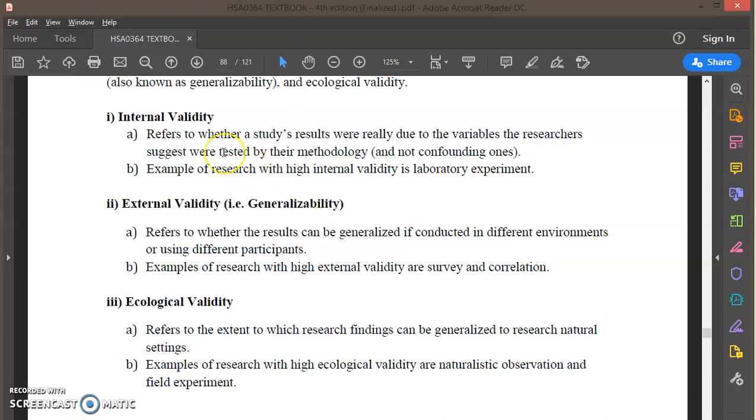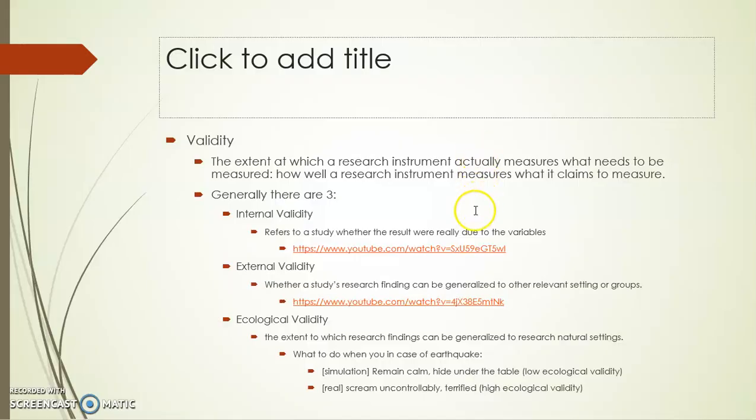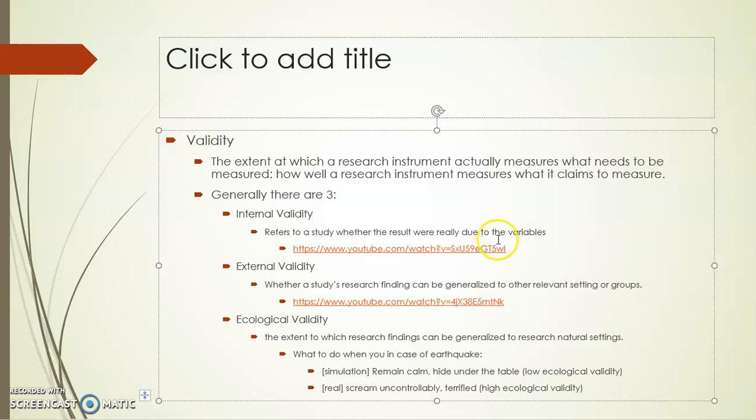Right, so internal validity refers to whether a study's results were really due to the variables the researchers suggest were tested by their methodology. Right, so in a research, usually there is an independent and a dependent variable. So we will look at independent and dependent variables later on. I'm giving you a link here.